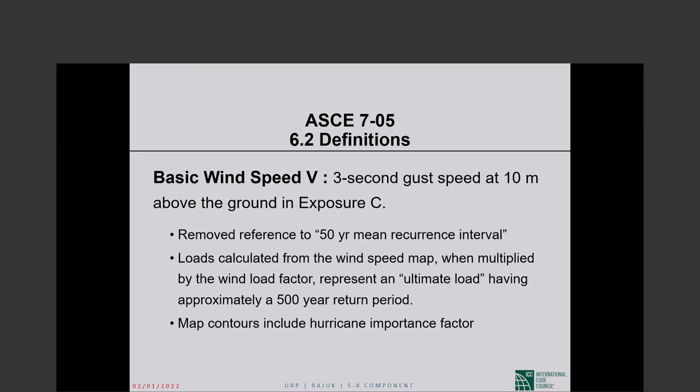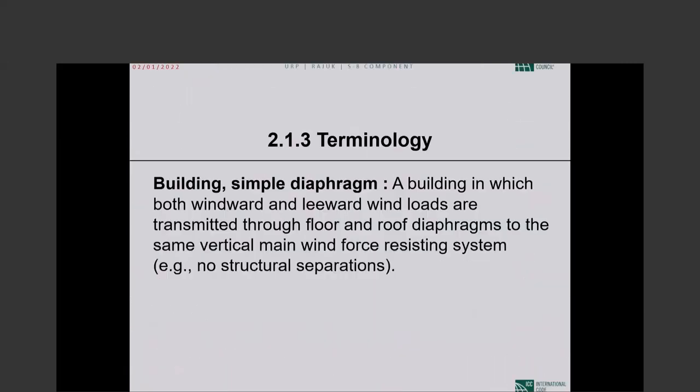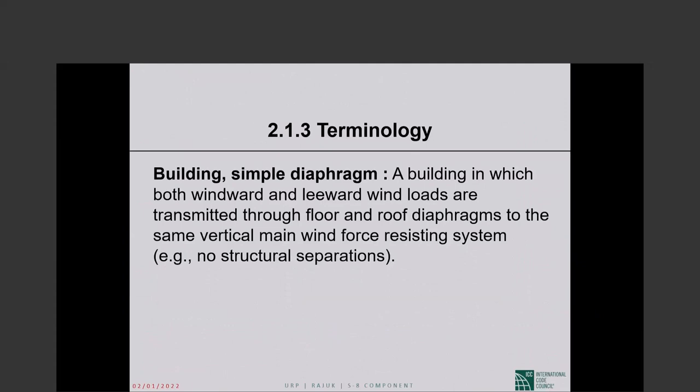And that was done. This is what is being described in the last line: map contours include hurricane importance factor. It probably is not said the best way, but that's what it means. So the 500-year return period on the factored loads was maintained even on the hurricane coastline.